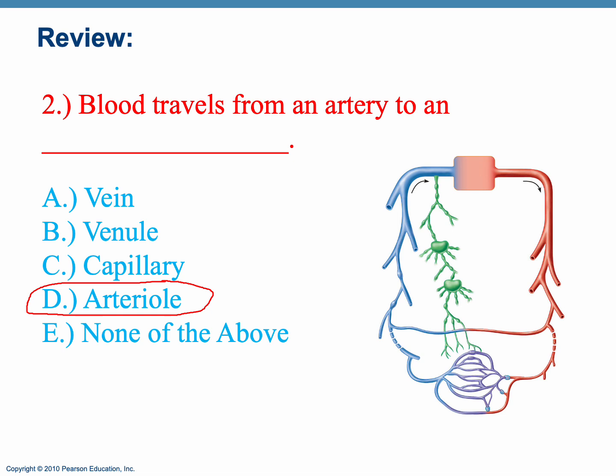So you have your arteries over here, so your artery types we've mentioned before. And then we get to the arterioles, so the arteriole would be over here. And then your capillary down here.